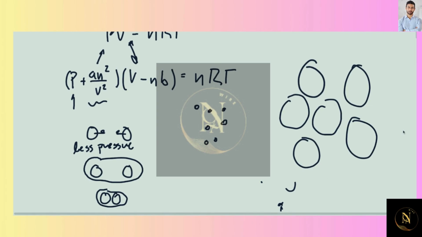And what they're saying is that this is going to decrease the amount of empty space between gas molecules. And that's totally true. Bigger gas molecules will have less empty space between them. So let's go to the next statement.